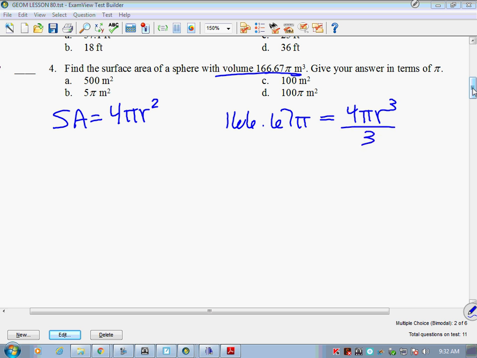Okay. Yes. All right. So we're going to solve for r, and then we're going to go back and plug it into my surface area, right? Okay. So what are you going to do first? Divide, multiply by 3/4 on both sides. Okay, 166.67 times 3/4.